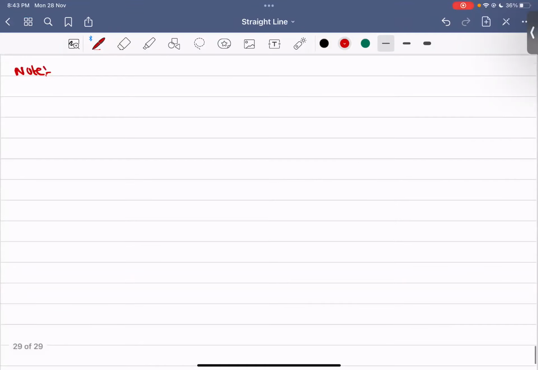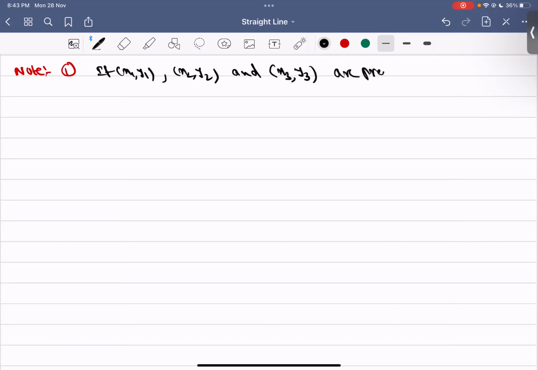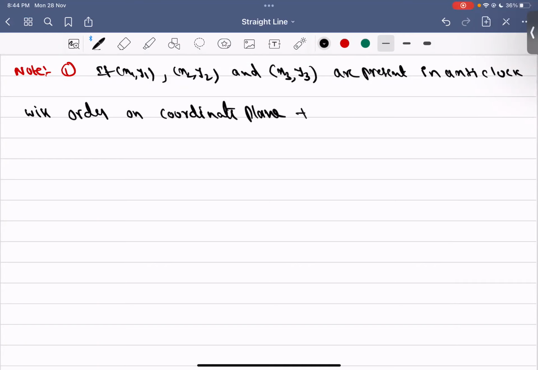Next note. Note number 1: if x1 y1, x2 y2, and x3 y3 are present in anti-clockwise order on the coordinate plane, then delta will be positive.